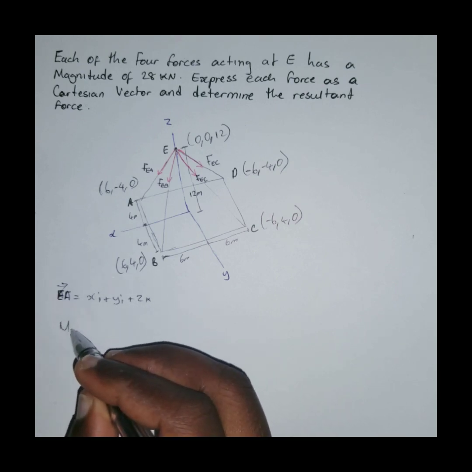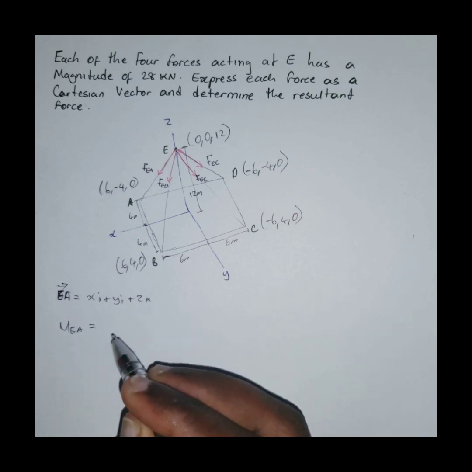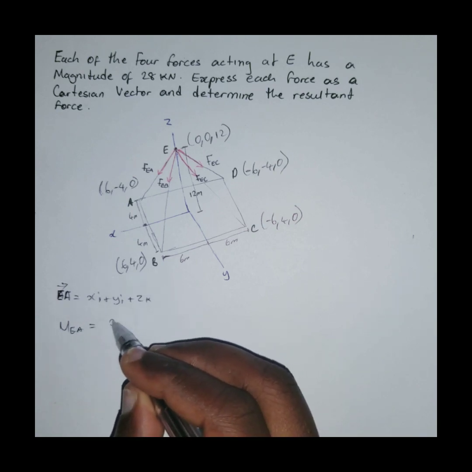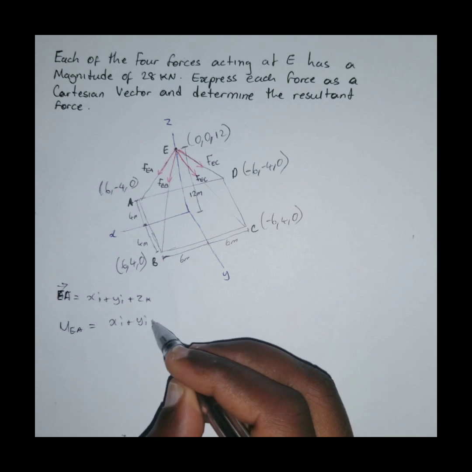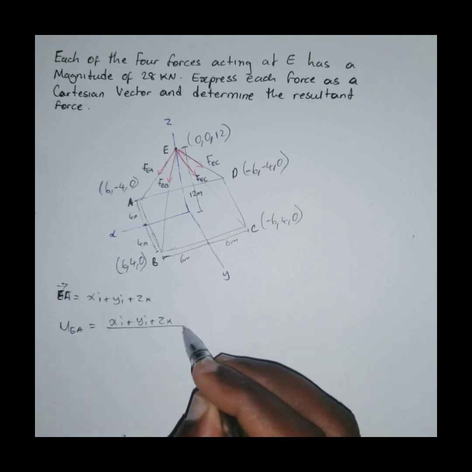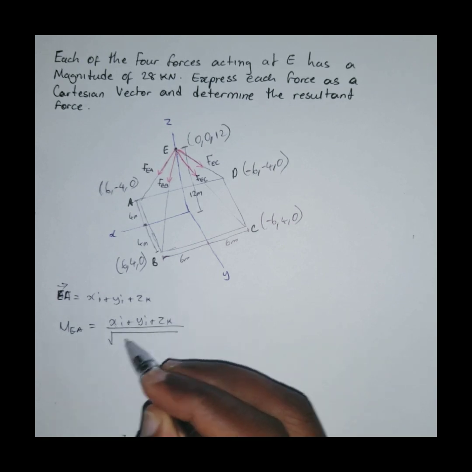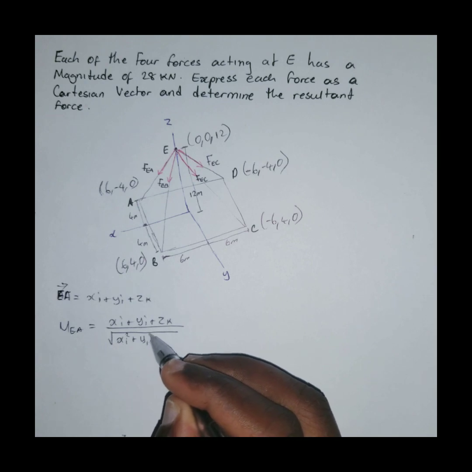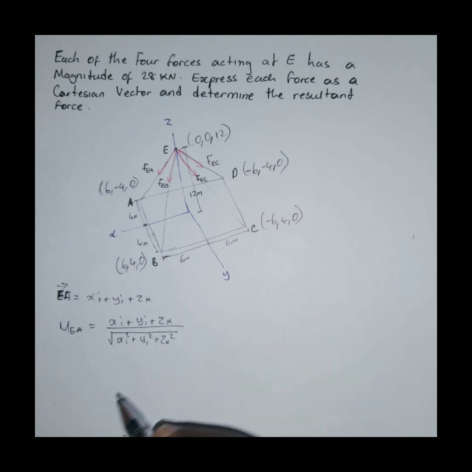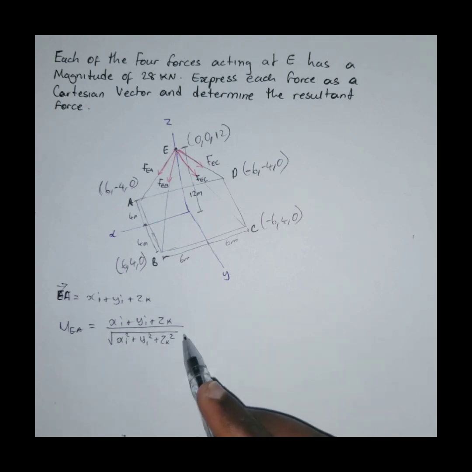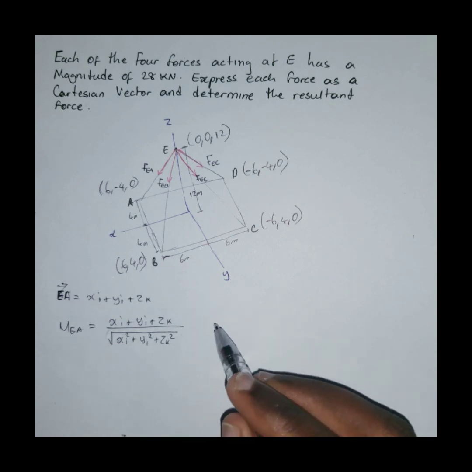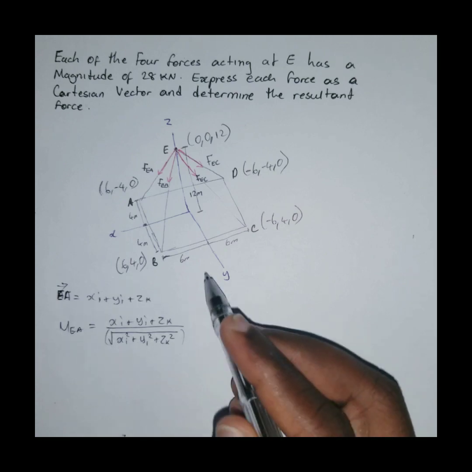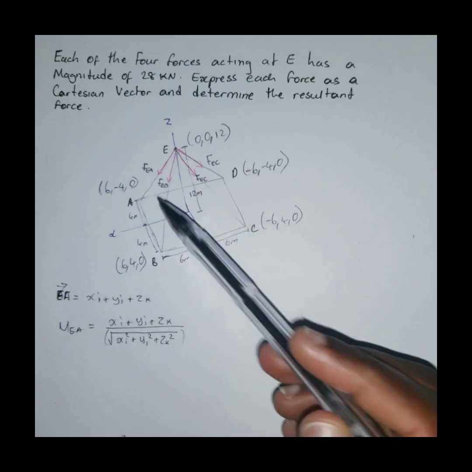So the unit vector EA will be given by xi plus yj plus zk over the magnitude of this very vector, the square root of x squared plus y squared plus z squared, which is simply the length of this line AE.